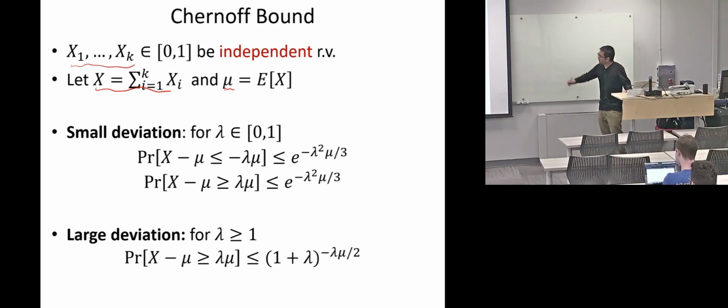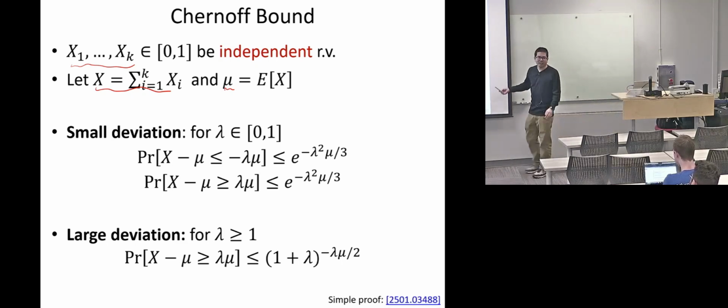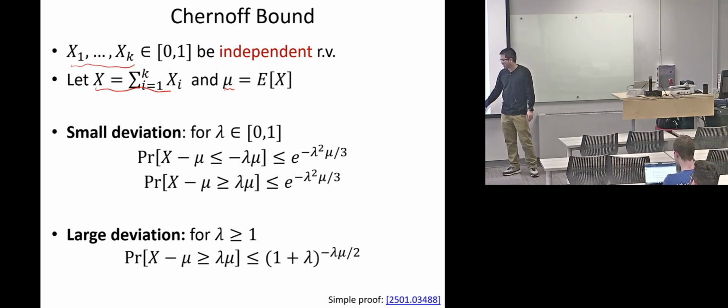There are many proofs of this. Many of them use a bunch of algebra, not so intuitive. But just this year there is a new paper that published a new proof that is quite simple. It's not as sharp, you're going to pay more in the constant, but this is the proof that I like.